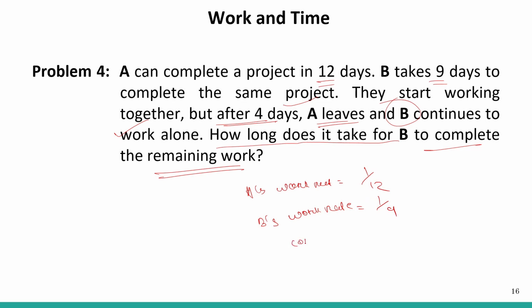And the combined AB work rate is equal to 1 by 12 plus 1 by 9. So the common denominator will be 36, so 3 plus 4, so 7 by 36.